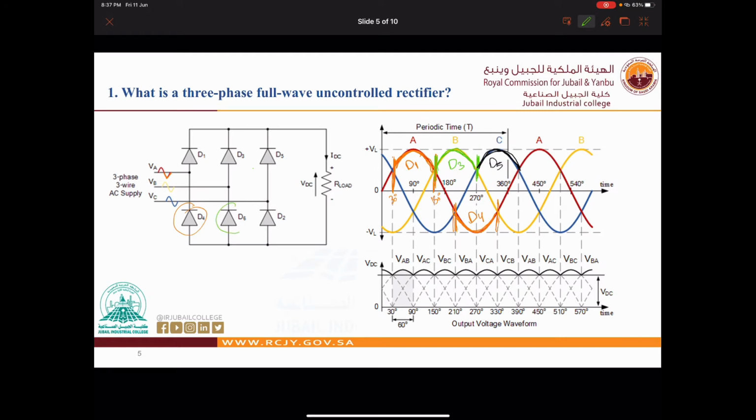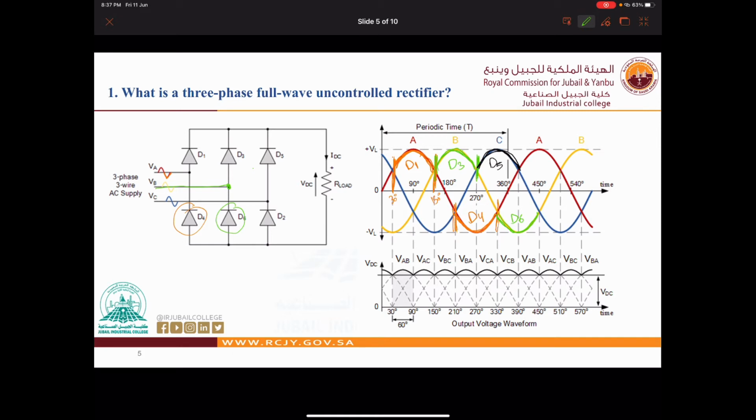In order to have D6 conducting, we need VB less than VA and VC. Where is VB? This is VB. This is when VB is less than VA and VC, so this is the conduction angle of D6.